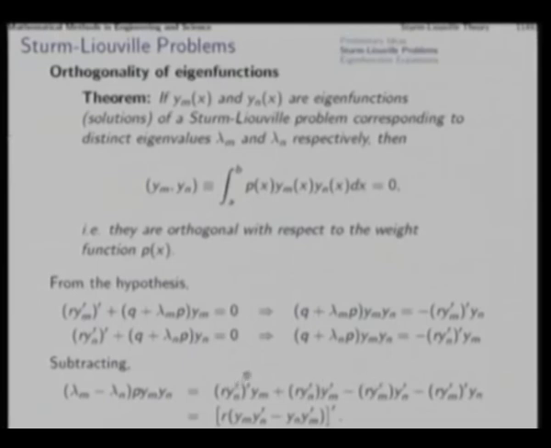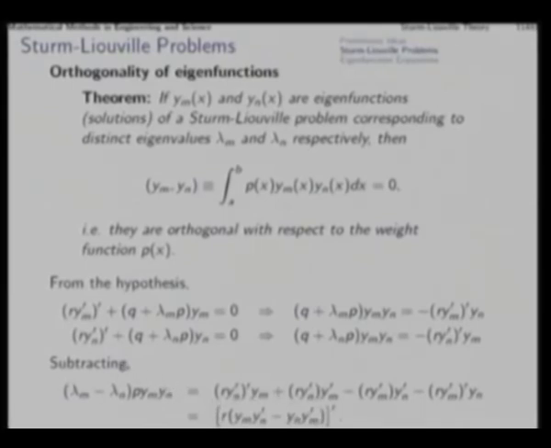Now these two terms together will be the exact derivative of r ym yn prime. See, derivative of r yn prime into ym plus ym into derivative of r yn prime, and similarly these two terms together will give us the derivative of r yn ym prime. So together the four terms will be the derivative of this whole thing, and that is equal to this.